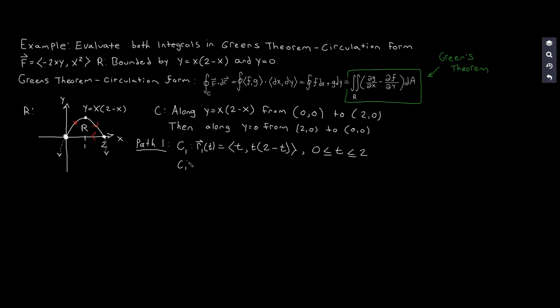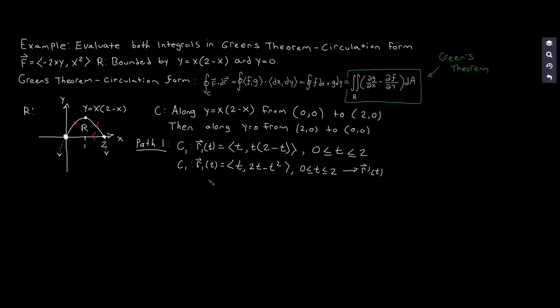So for C sub 1, vector r sub 1 of t equals t, and then I distribute that t across the parenthetical statement, so it becomes 2t minus t squared. The t is still going to be between 0 and 2, of course, but we need to take the derivative of this. So we want the derivative of vector r of t.